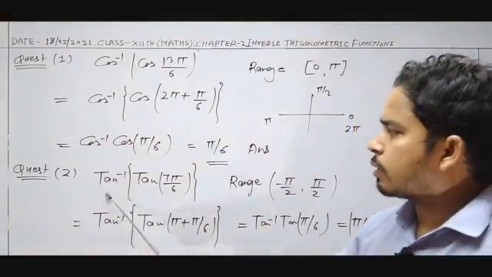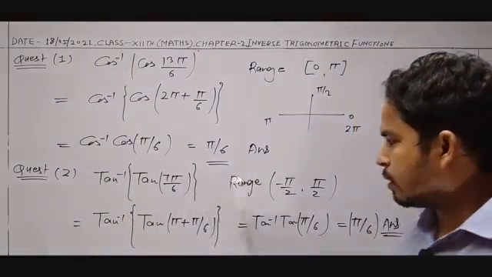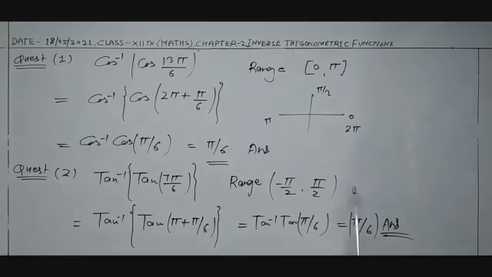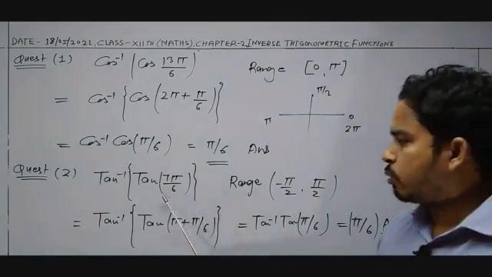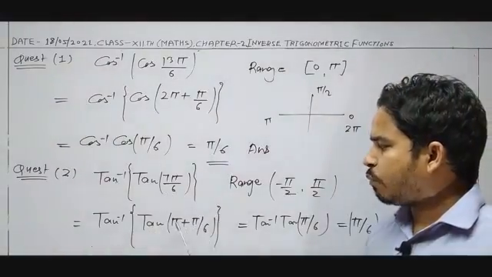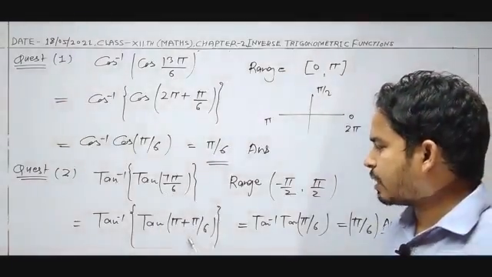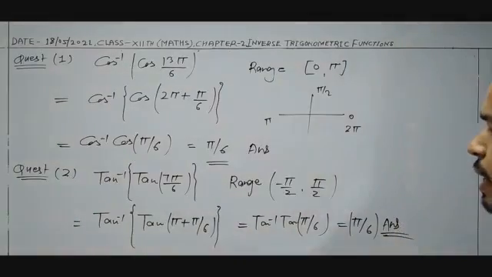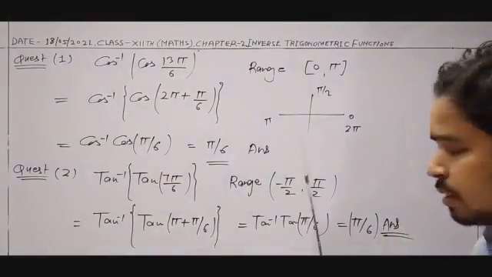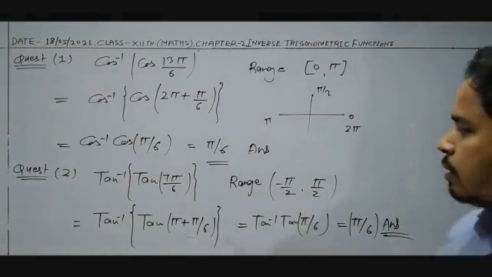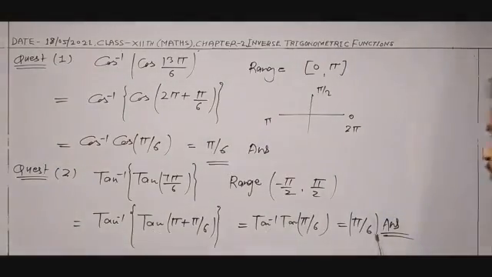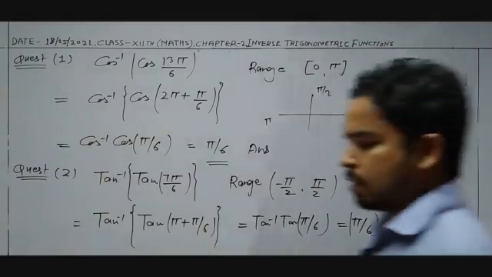Similarly, tan inverse tan of 7 pi by 6, where the range is minus pi by 2 to plus pi by 2 in open interval. The angle should be written as pi plus pi by 6, and tan of 180 plus theta lies in the third quadrant, where tan is positive and the angle sign will be positive. So tan inverse tan of pi by 6, the result will be pi by 6. So the answer is pi by 6.